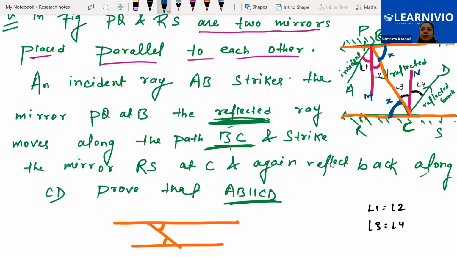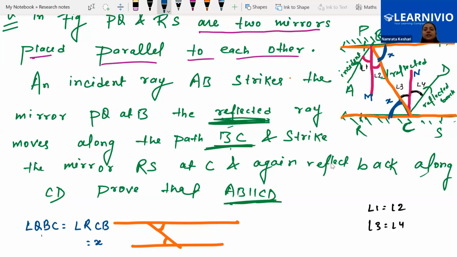So can we say 2 and 3 are the same? Yes, ma'am. Here I am going to write that the alternate interior angles we got, angle QBC is equal to angle RCB. These two are alternate interior angles and these two are X.